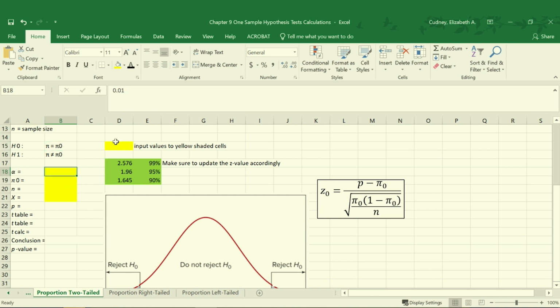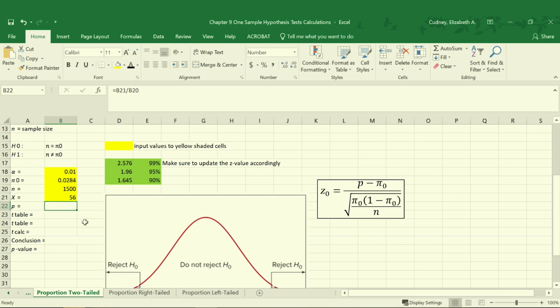Given the information in the problem, we know our alpha is 0.01, our pi naught was 2.84%, so we're going to set that as 0.0284. N is our sample size. We had 1,500 customers visit the website, and of those, our capital X will be 56, so 56 purchased a product.